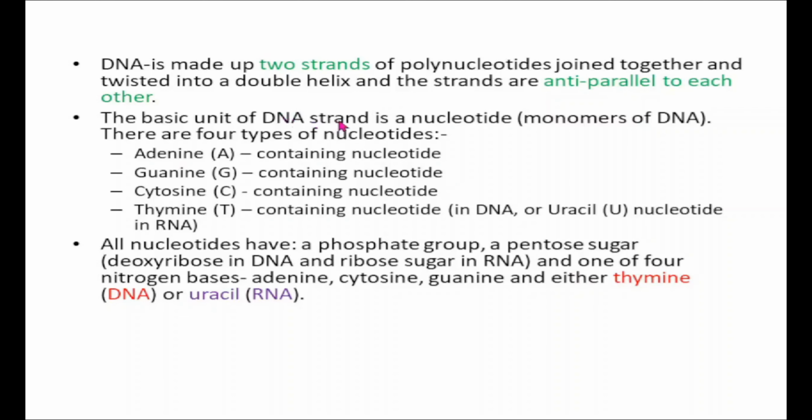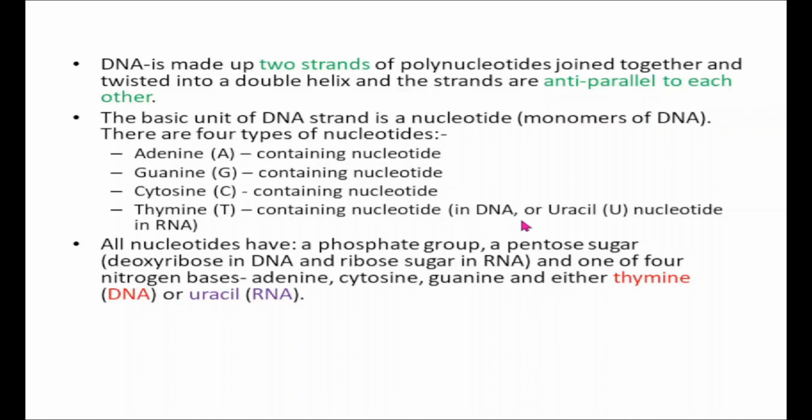The basic unit of a DNA strand is the nucleotide. That is, the building blocks of a DNA molecule are the nucleotides, the monomers of DNA. There are 4 types of nucleotides: adenine containing, guanine containing, cytosine containing, and thymine containing.